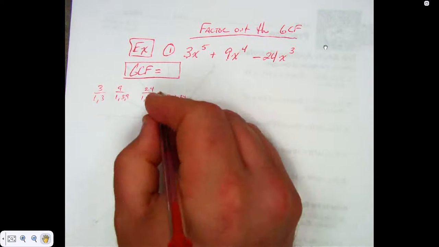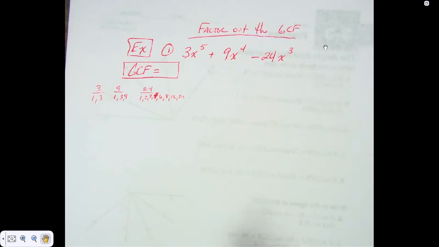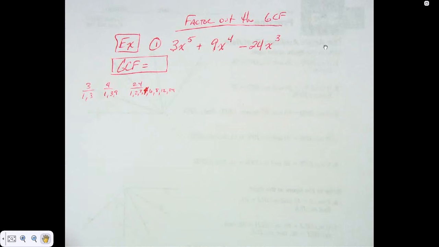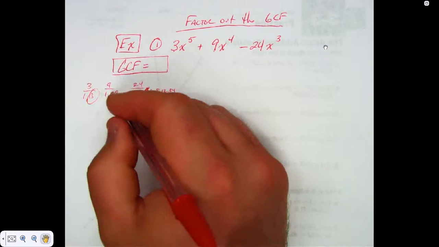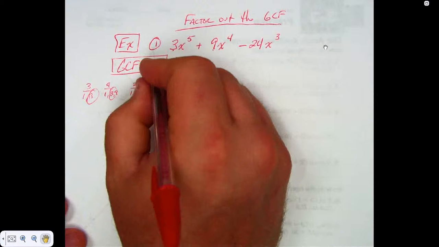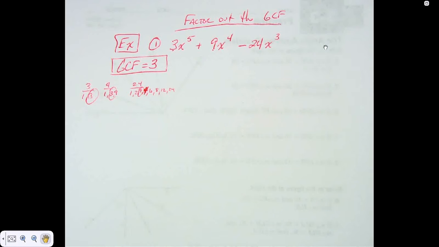Those are all the factors of 24, aren't they? Well, what's the biggest that all three of these sets of numbers have in common? Number 3, isn't it? So what's the greatest common factor of the numbers? So you write 3 in there. It's not nearly as complicated if you think of it in numbers, and then once you get the number, now you worry about the what?